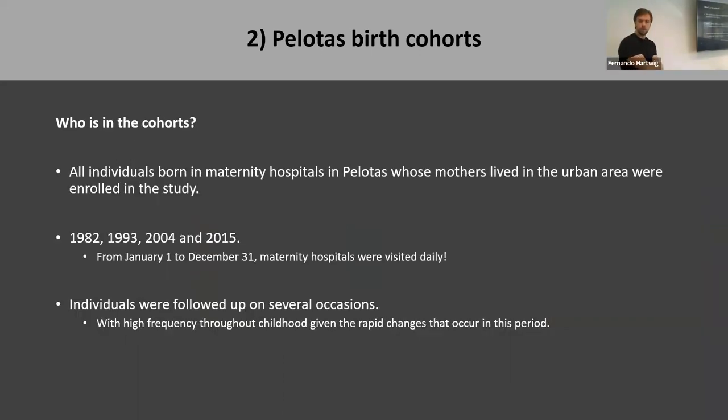So what are the cohorts and who is enrolled in the cohorts, right? So the way it works is that for every year of these four years, say 1982, all individuals born in maternity hospitals in Pelotas, whose mothers lived in the urban area of the city, were enrolled in the study, which means that from January 1st to December 31st, maternity hospitals were visited daily by a research team.